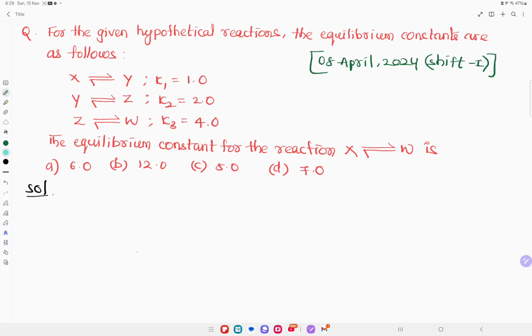Equilibrium constants are given for these 2 reactions. In this question, the equilibrium constant for this reaction was asked. So how do we get the required equation from equations 1, 2 and 3? See, X and Y give rise to Z, and Z gives rise to what?